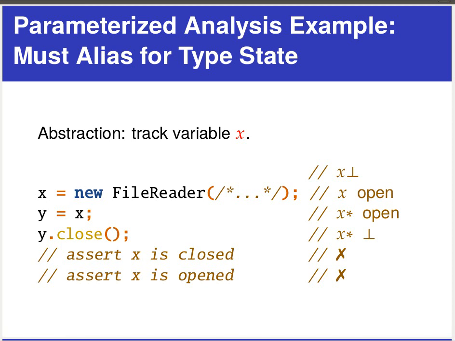So we know that y is untracked when we see y.close. We know that x is aliased with some untracked variable, but we don't know that it's y, because we're not tracking it. So we say, well, from now on we don't know whether the object to which x points is open or closed. So when we get to the end, we just don't know what the state is.